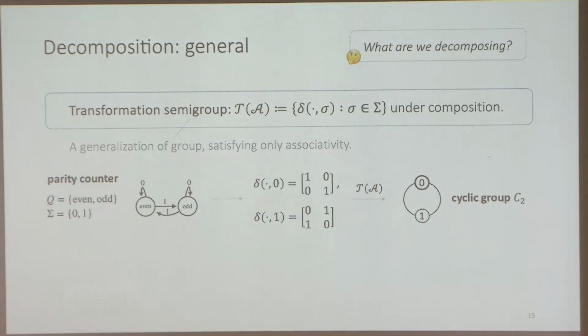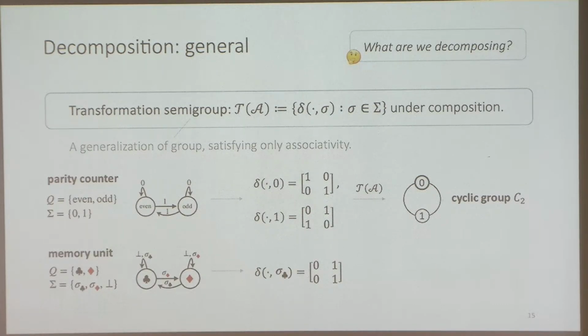To show you what I mean, for the parity counter, the corresponding T(A) consists of two elements, and this will correspond to the cyclic group of order 2. However, for the other case we have, the memory unit, if we try to write out the function for, say, the clap operator, then this function is not invertible. So that's why we need a semigroup rather than just groups.